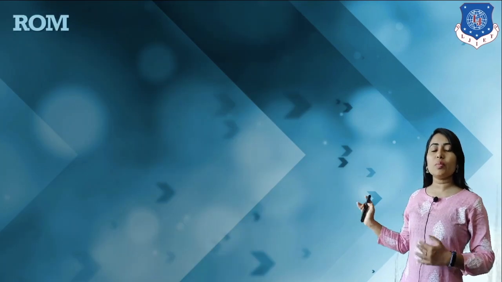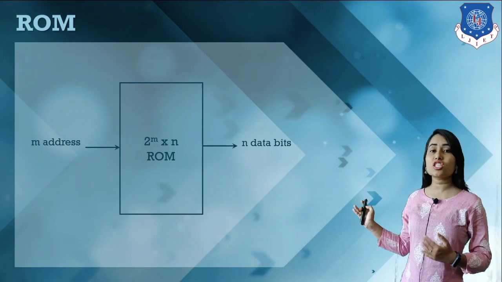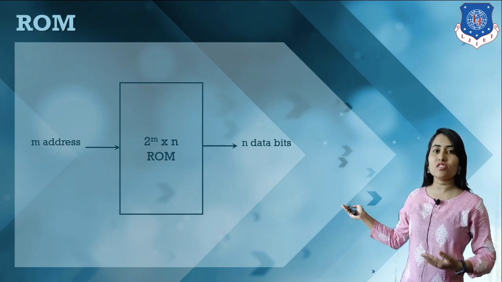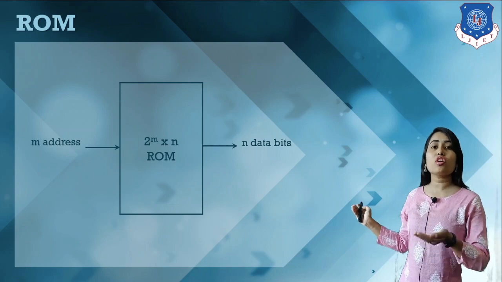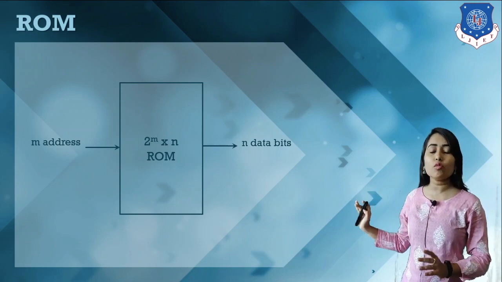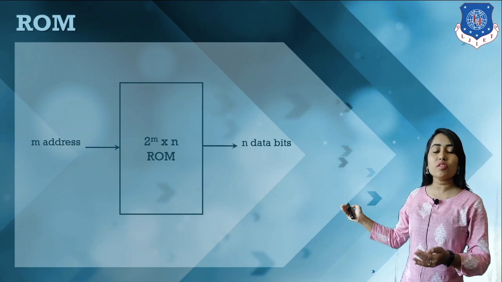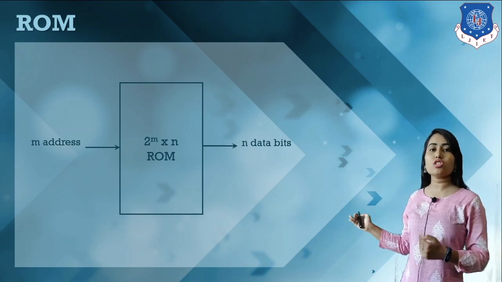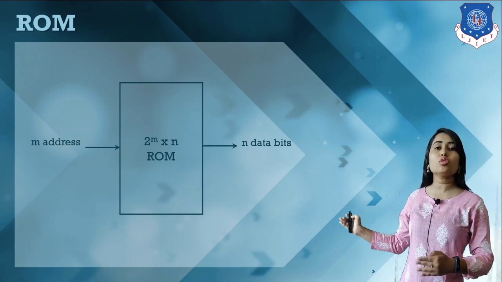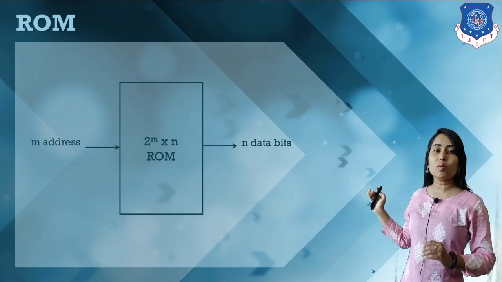Here we have the basic block diagram architecture of this ROM. Here we have an address. Whenever we want to retrieve any information from the memory, we have to apply this address. At these locations we have data. So here the address is specified, and at that address we have our desired data.